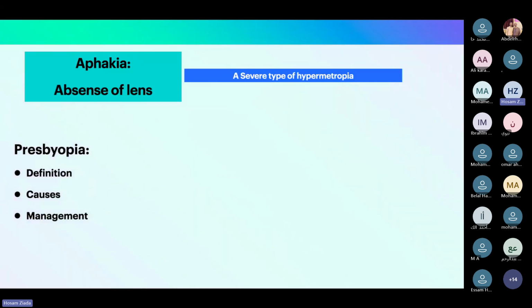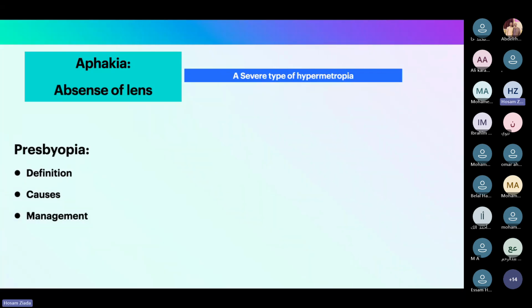Presbyopia, of course I told you about the definition: it is recession of the near focus of the eye. The general definition is the inability of the person after the age of 40 to see near objects because of recession of the near focus of the eye due to decreased power of accommodation. The cause is mostly age related. All of us after this age will be presbyopic.